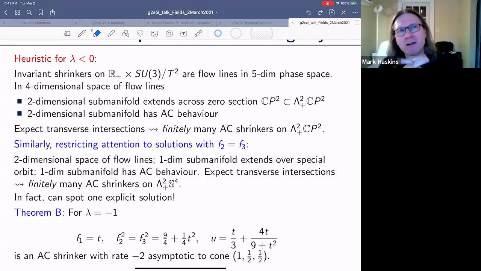That was how I originally got into thinking about these: for some G2 manifolds where you have a circle action, you can try to take the quotient and get something six-dimensional.